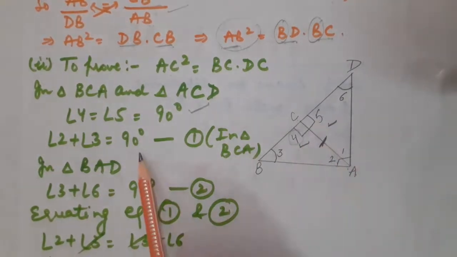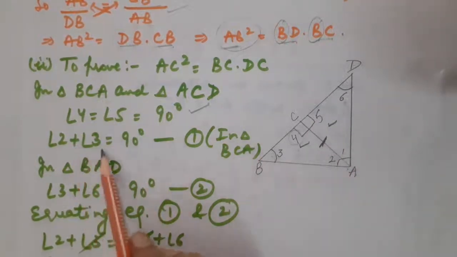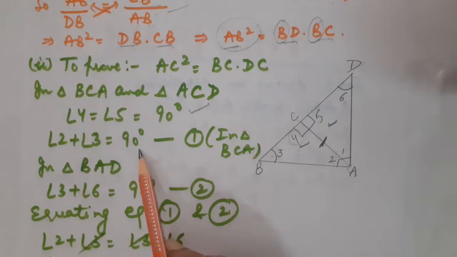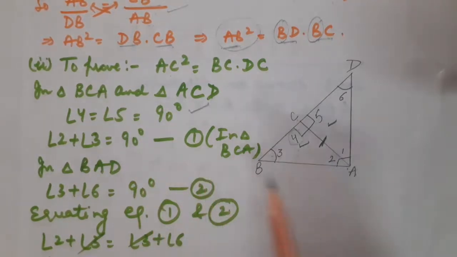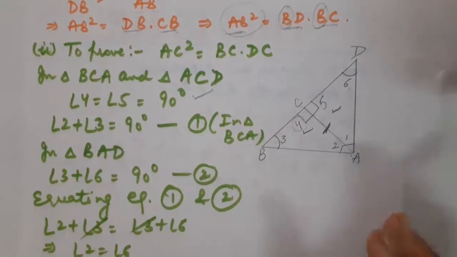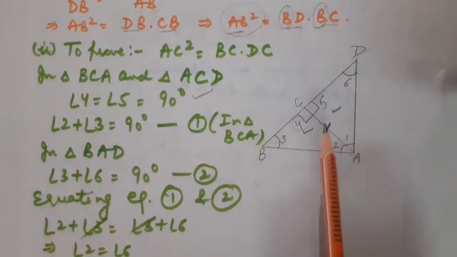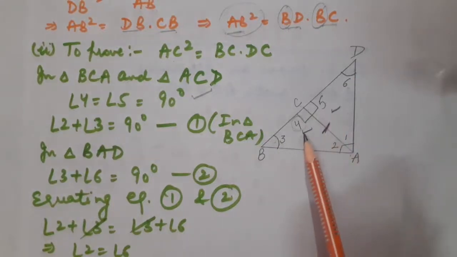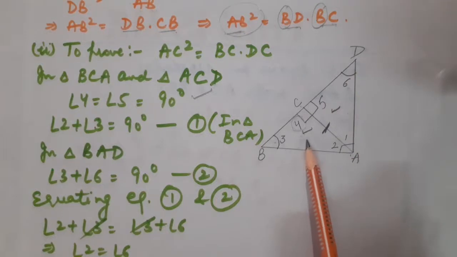That will also give you the result equal to 90. So angle 2 plus angle 3 is equal to 90 degree. Correct? Which is equation number 1. Got it? Okay. Now I am going to take another triangle which is the bigger one. Always make sure you have to take one smaller triangle and you have to take another bigger one.